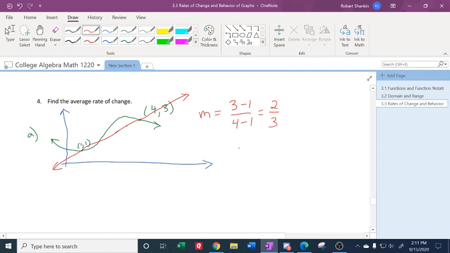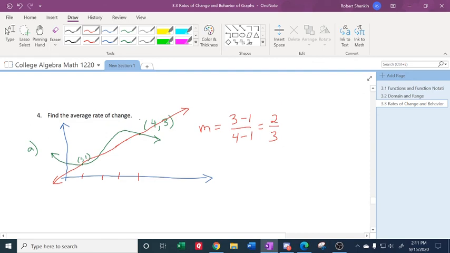and it's right there. So what that also means is if you were going from 1 to 4, every time you move to the right 1, if you went up 2/3, right 1 up 2/3, right 1 up 2/3, it would take you from the first point to the last point.